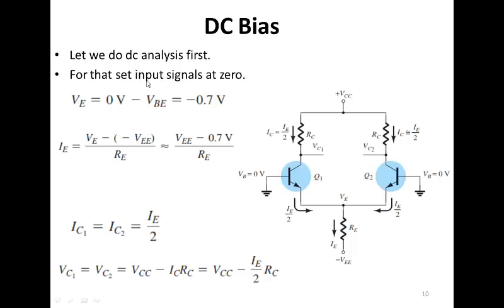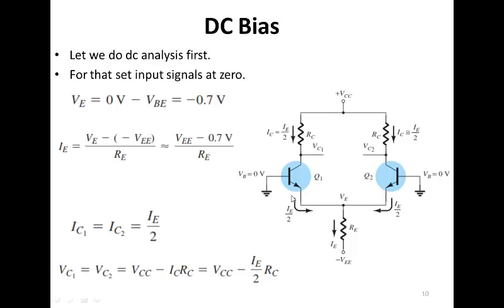For that, set input signals at 0. So both input signals are set at 0, which means that the voltage at the base of the transistors would be 0 volts. If the transistor is in the active region, then the voltage between base and emitter would be 0.7 volts.